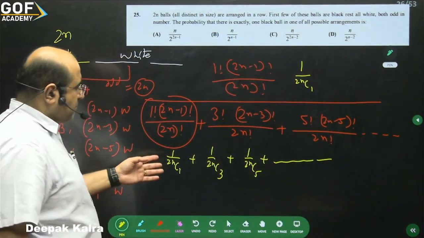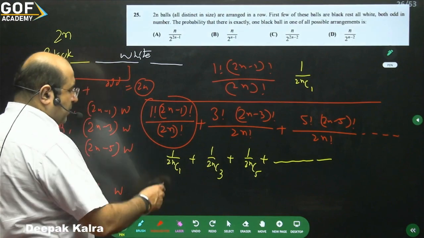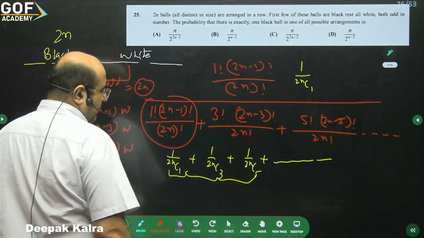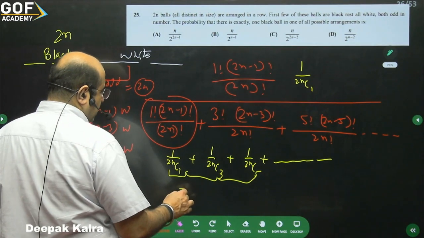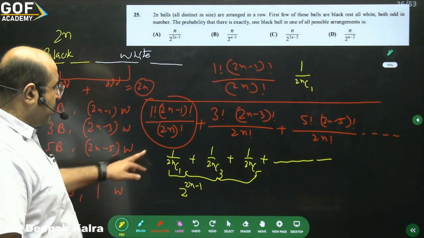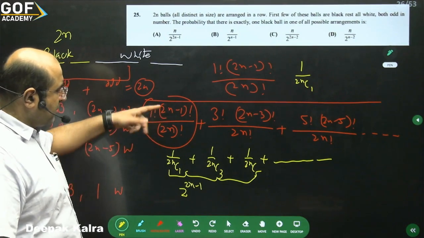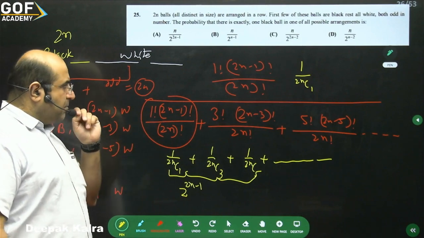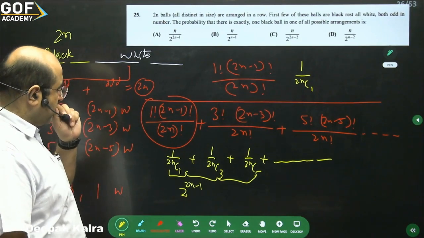And why I'm thinking in this way, because if we would have got it their odd summation, na, then their value is 2 raised to the power 2n minus 1. Then they will match. If this is not this way, this is reciprocal of it. But how to get the reciprocal of it?